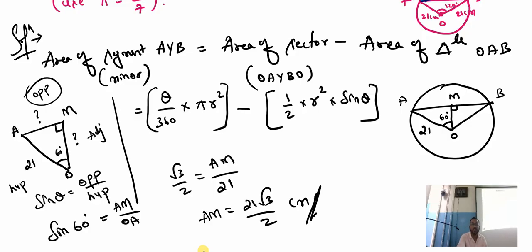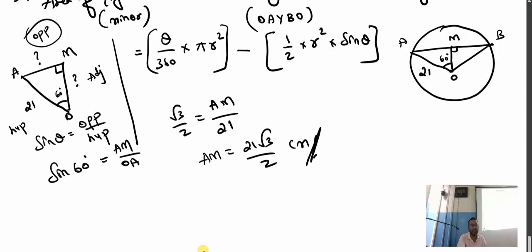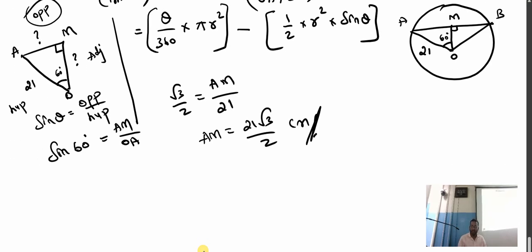Similarly, can I find, see AM we got. Now can I find the value of OM? How to find OM? We know hypotenuse. Now I want adjacent. In which trigonometric ratio we have adjacent by hypotenuse? Cos theta. We know that cos theta is equal to adjacent by hypotenuse. Theta is 60 degree. Adjacent OM.